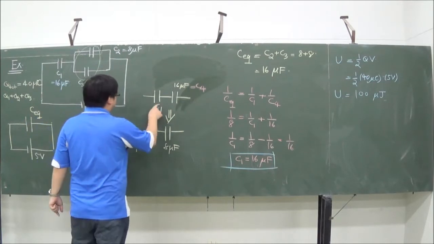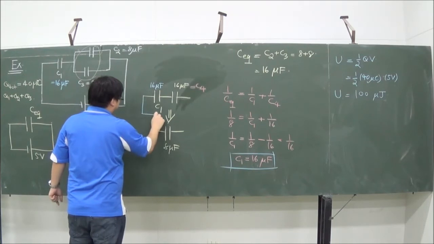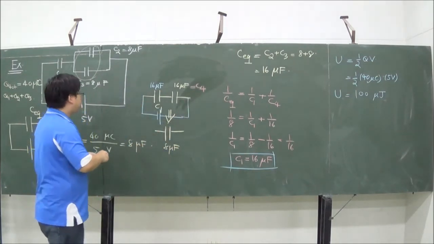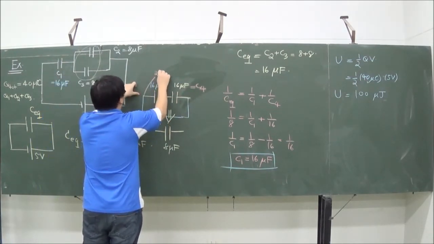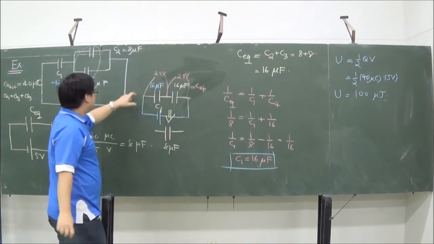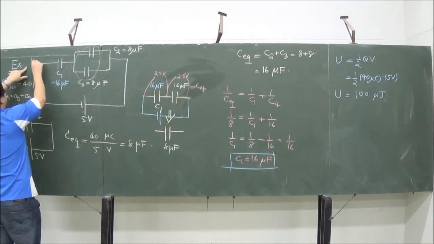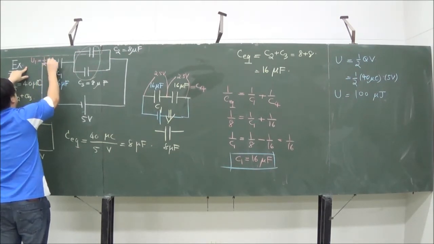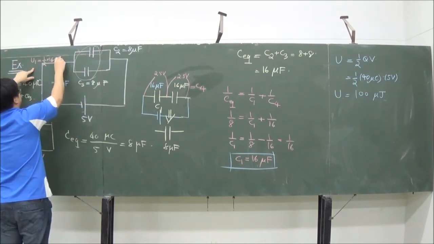And as you see here, C1 is also 16 microfarad, and we connect these to a battery of 5 volts. That means the voltage is divided between these two capacitors, 2.5 volts and 2.5 volts. So this C1 will store the energy U1 equal to a half C, which is 16, times V squared, which is 2.5 squared.